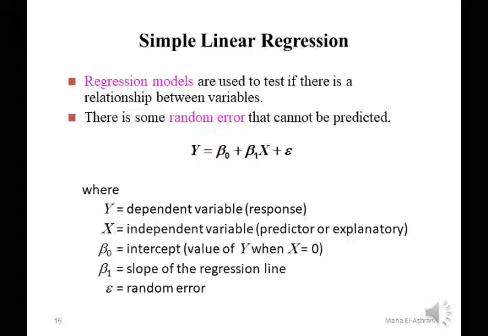So y is equal to beta naught plus beta 1 x plus error, or what we call the residual. This error represents the distance between every point on the scatter diagram and the line. Sometimes the points are over the line, sometimes below the line. But usually this distance between every point and the line is what we call the error or the residual.